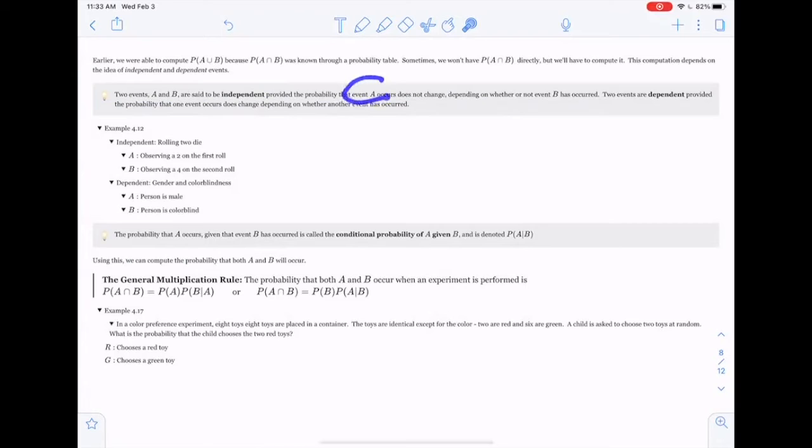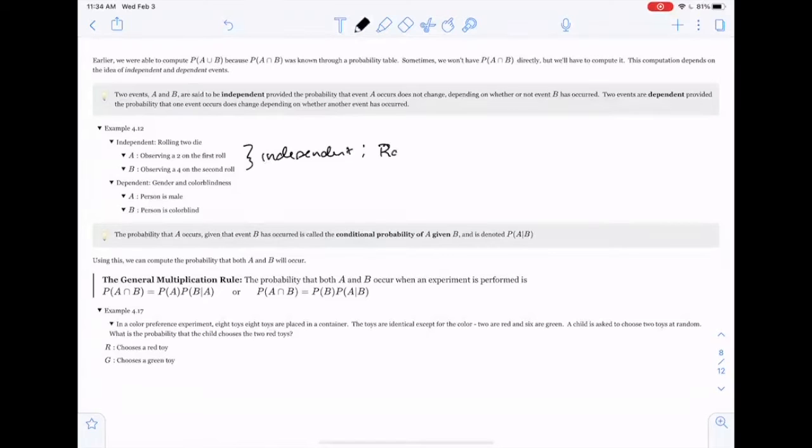So if event A can occur, whether or not B occurs, and that probability doesn't change, we would say those two events are independent. On the other end, two events are dependent, provided that the probability of one event does change depending on whether or not the other event has occurred. For example, if I roll two dice, rolling a 2 on the first roll and a 2 on the second roll are independent.